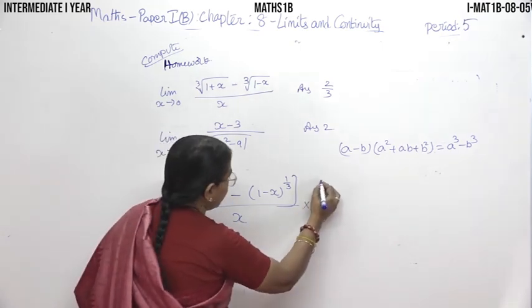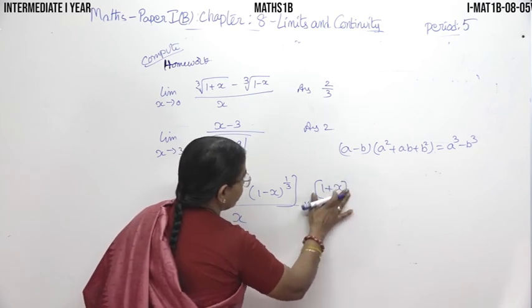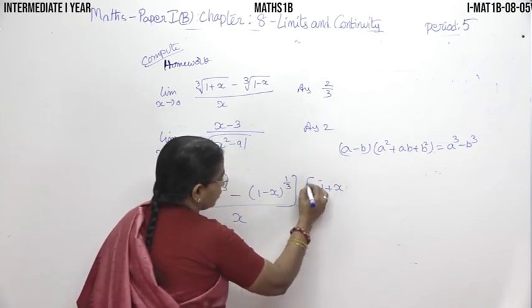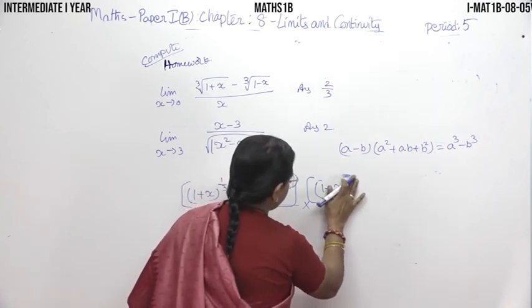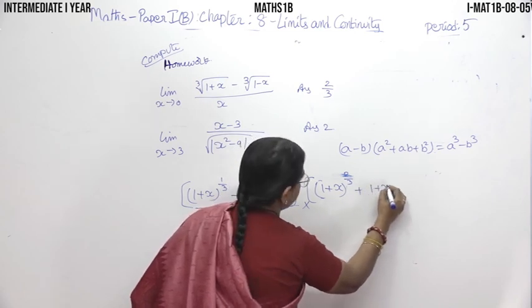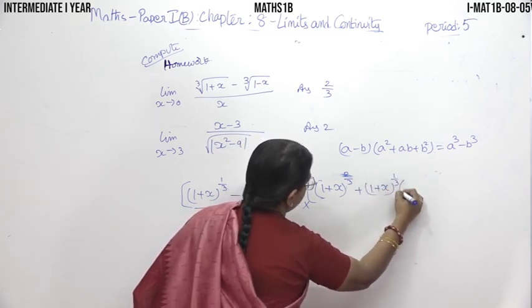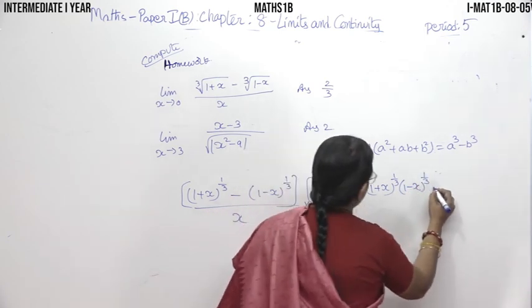So you can multiply and divide by 1 plus x whole to the power 2 by 3 plus a into b, which is 1 plus x whole to the power 1 by 3 into 1 minus x whole to the power 1 by 3, and then plus b square.